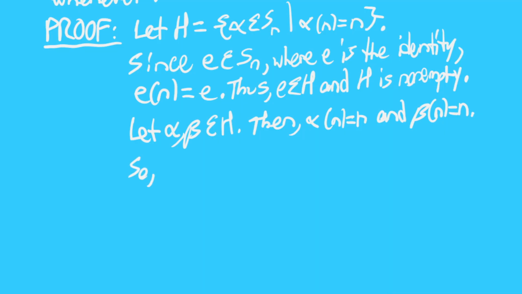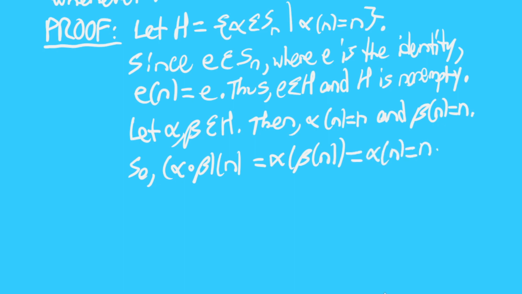So the permutation of the composition alpha beta for n is going to be alpha beta n, which is alpha n, which is n. So thus, the composition of alpha and beta is an element of H.